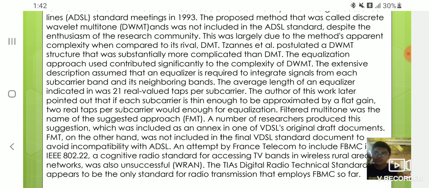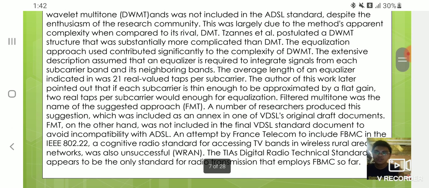Filtered multitone, or the FMT, was the name of the suggested approach. A number of researchers produced this suggestion, which was included as an annex in one of VDSL's original draft documents. FMT, on the other hand, was not included in the final VDSL standard document to avoid incompatibility with ADSL.